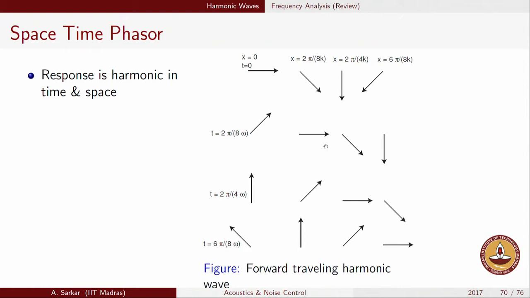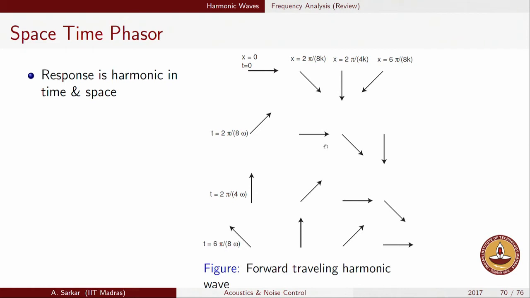For a forward travelling wave, omega by c is associated with a minus sign, whereas the coefficient associated with time t always remains positive omega. Therefore, the phasor associated with time rotates counterclockwise, but the phasor associated with space, for a forward travelling wave, will be minus k, and therefore it rotates at speed k in the clockwise direction.